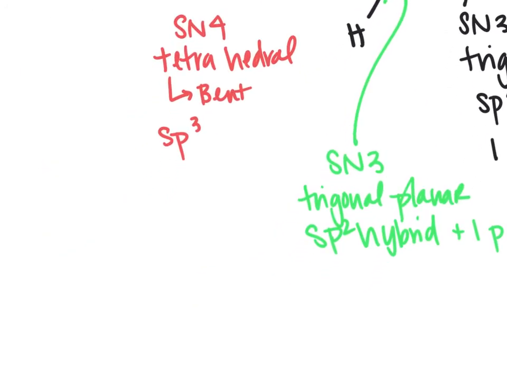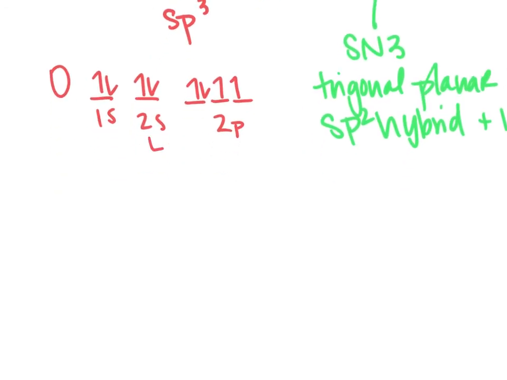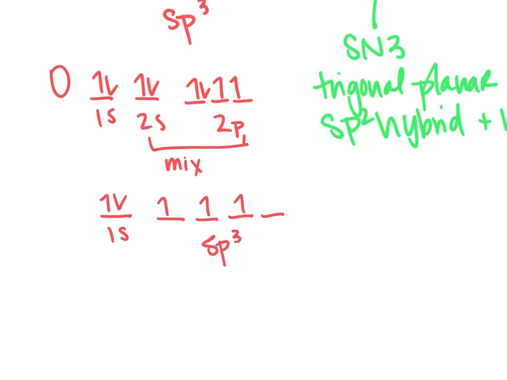If we look at oxygen, we have 1s, 2s, 2p, and we've mixed together our 6 valence electrons to create the 1s and then our sp3 hybrids. We have 1, 2, 3, 4, 5, 6, 7, 8 electrons, where these 2 are for the bond, and these 2 are our lone pairs.